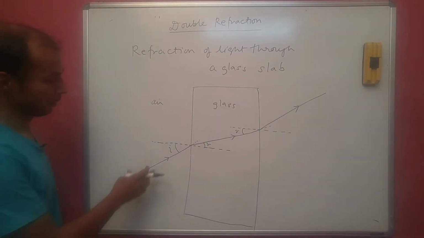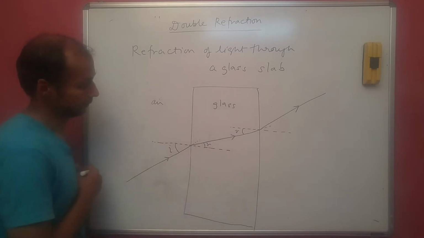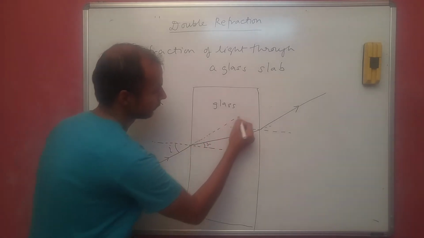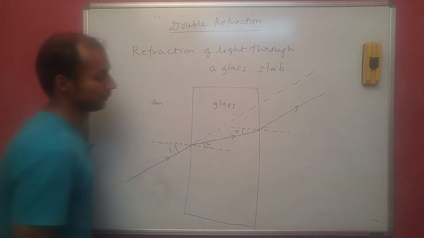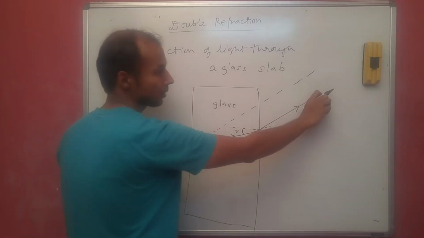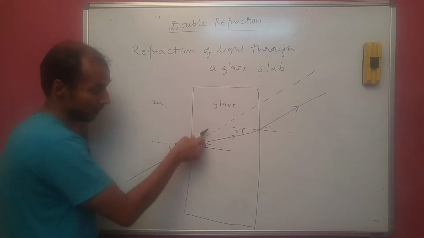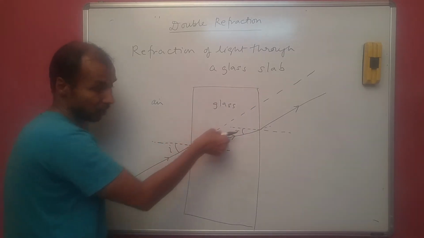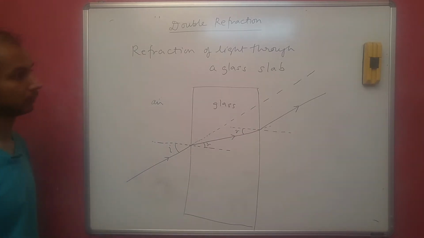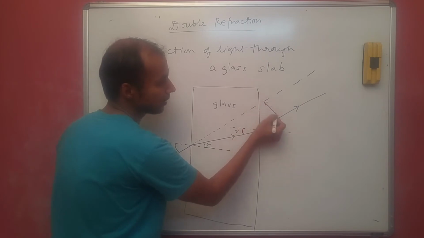Now see the original direction. If this glass slab was not there, the ray would have gone like this, and since the glass slab is there, it is going in this direction, but this is still parallel to the original one, because by whatever amount it goes towards the normal, by the same amount it goes away from the normal. So there is a lateral shift.